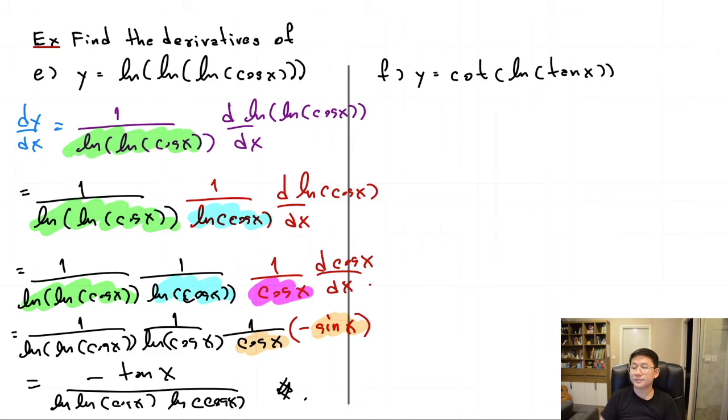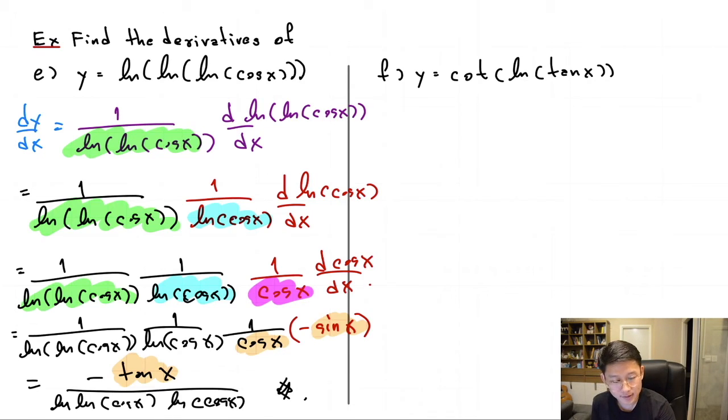That's the answer. This is tan from sine divided by cos. Okay, how was it? It's like 1, 2, 3, 4. It's like, you know, applying 4 chain rules.